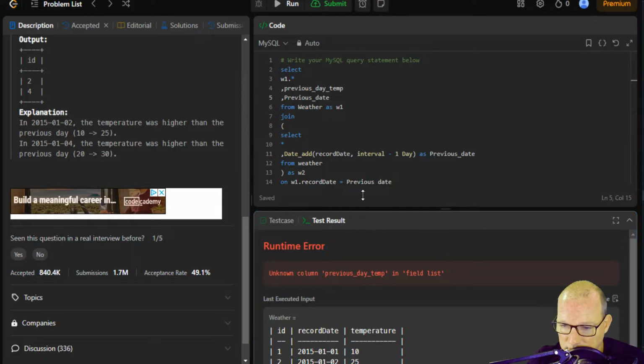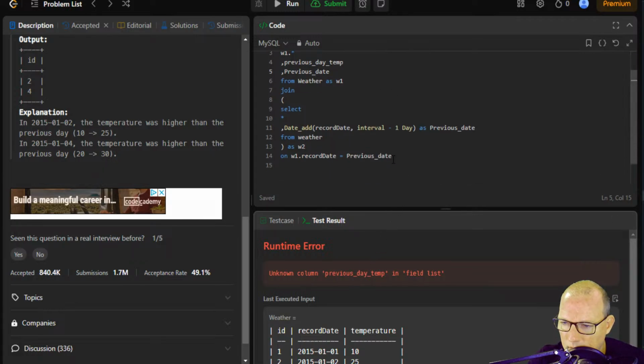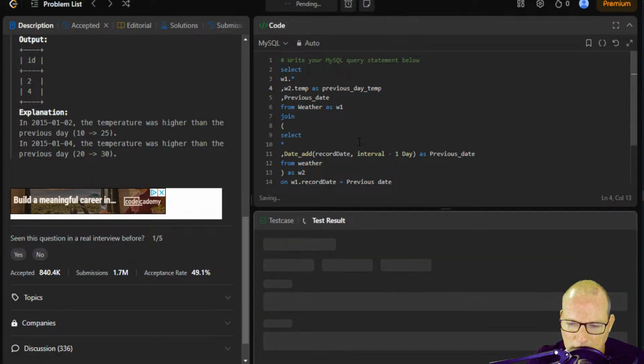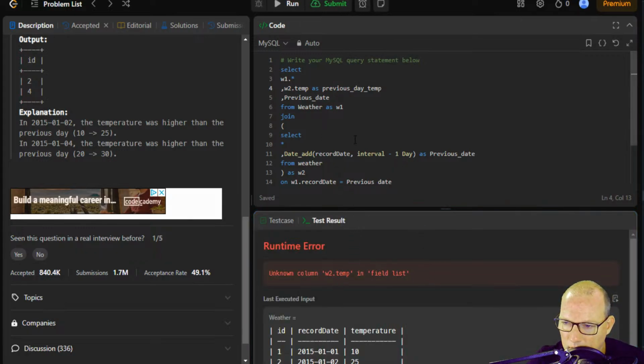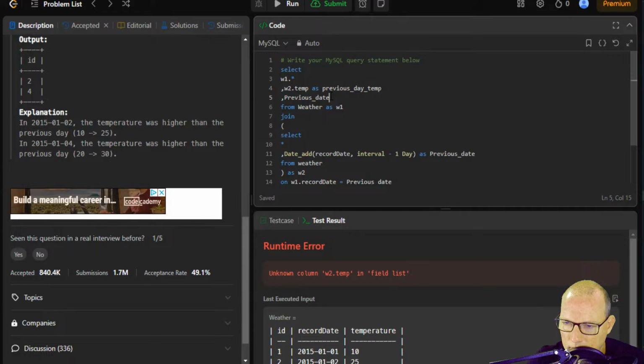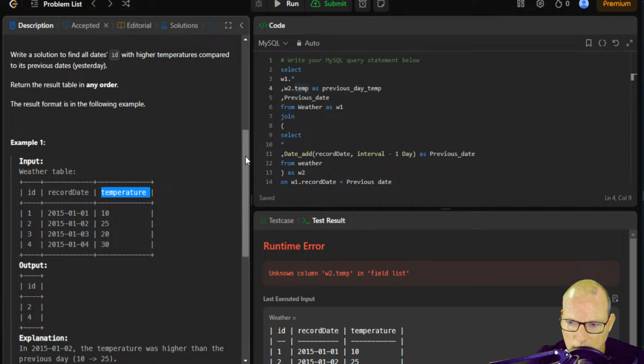And previous, well, it's an unknown column, and I just made one up. It'd be here. W2 dot temp as. There we go. If you need me to go back and explain what I just did there. And temperature, not temp. All right.